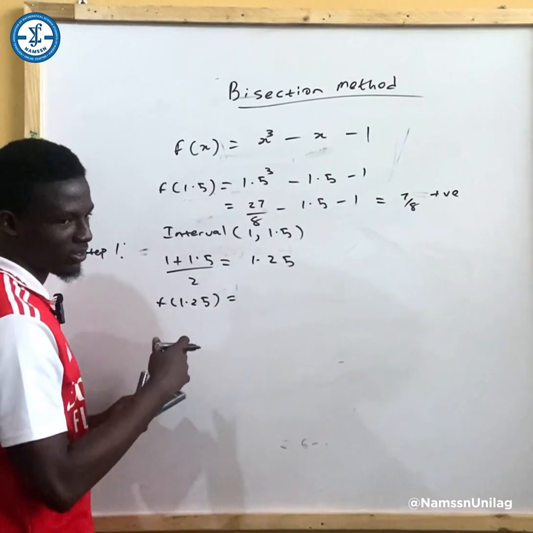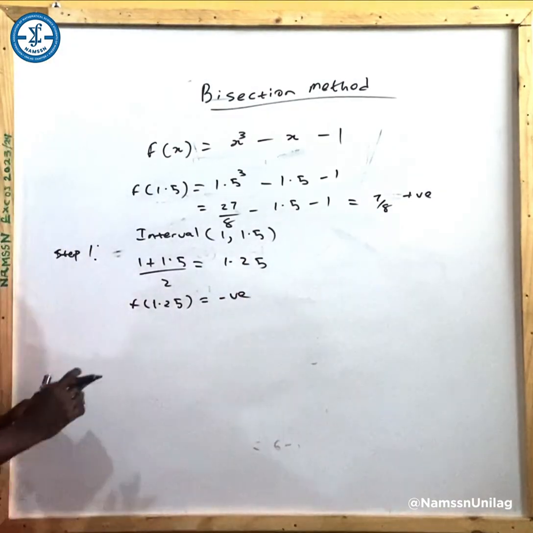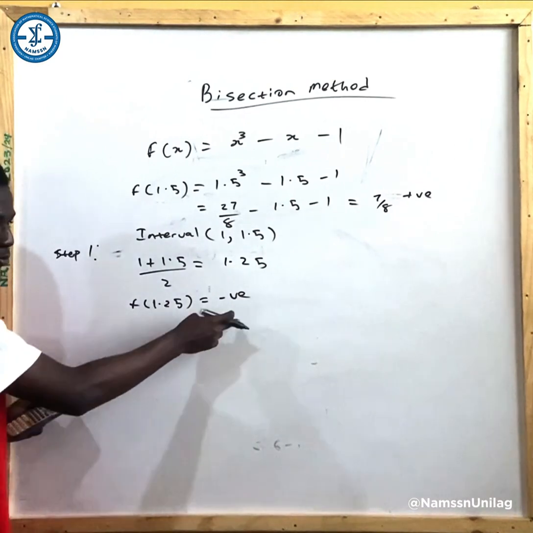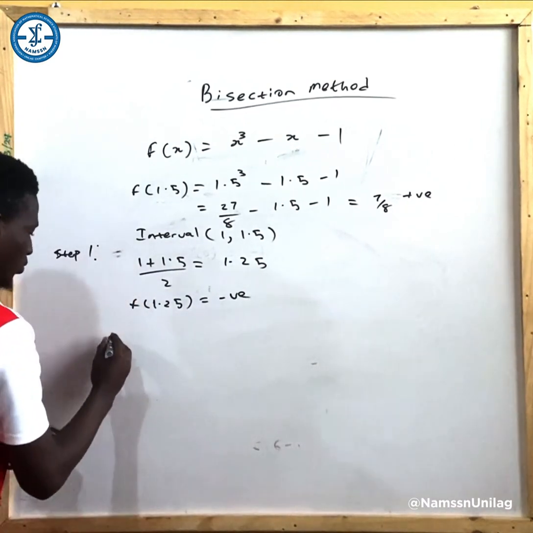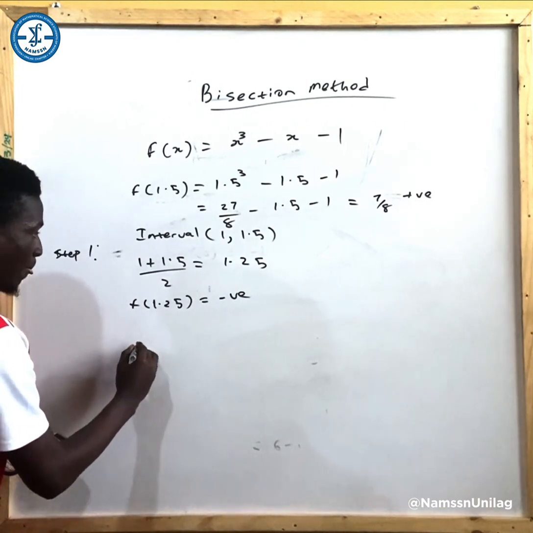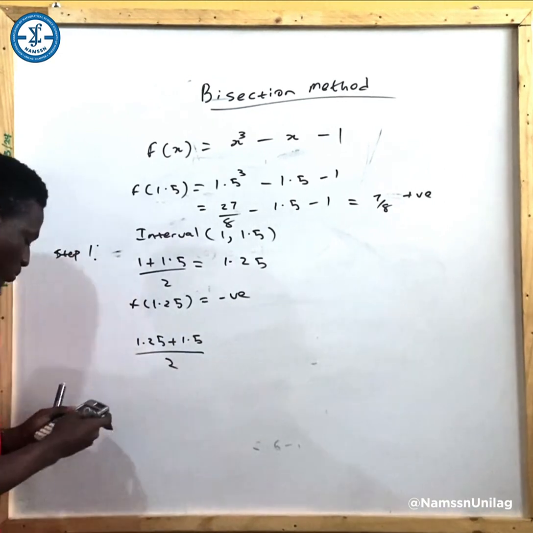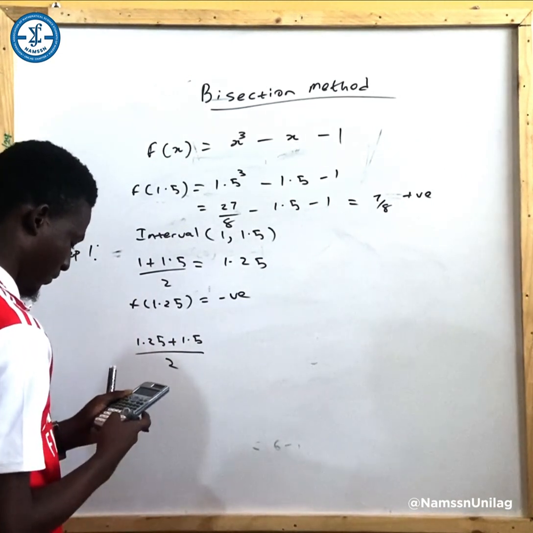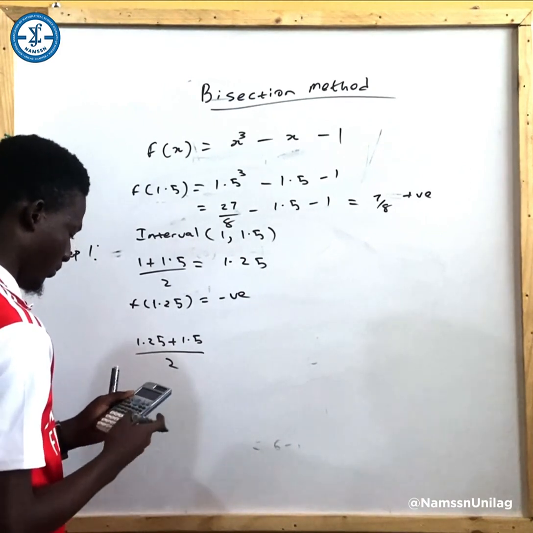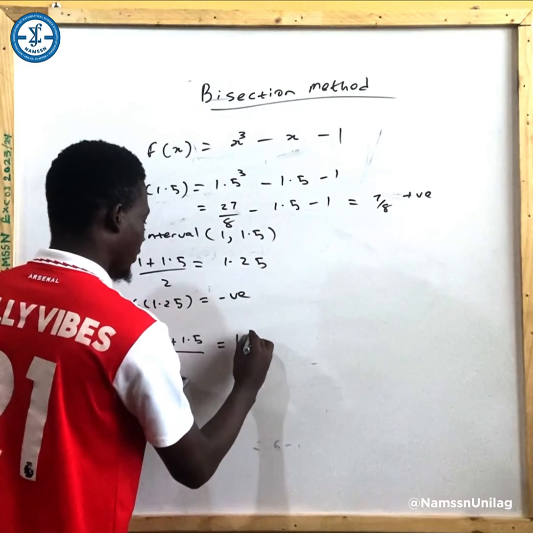We just want to know if it's positive or negative. So here it is negative. So if it's negative, the next step is going to be replacing the negative part of this interval, which is 1. So the next iteration will be something like 1.25 plus 1.5 divided by 2. So you have 1.375.